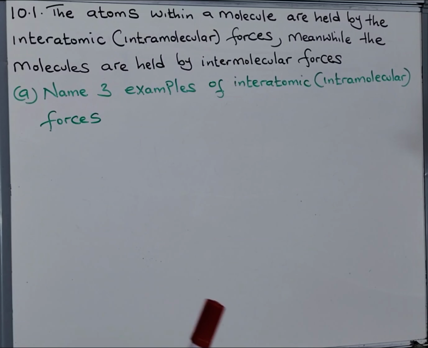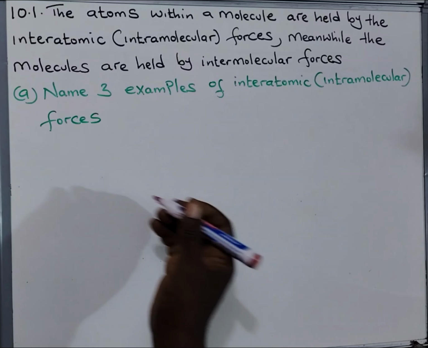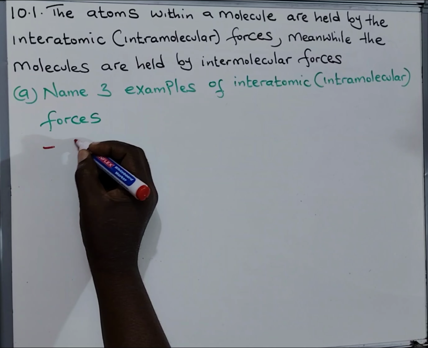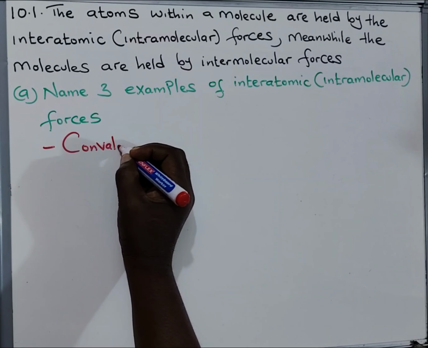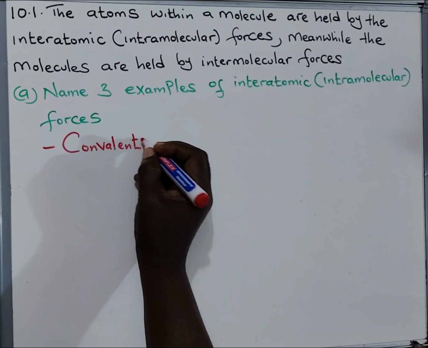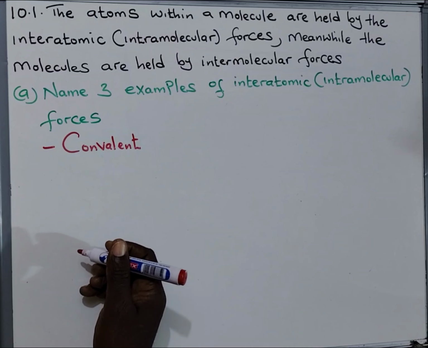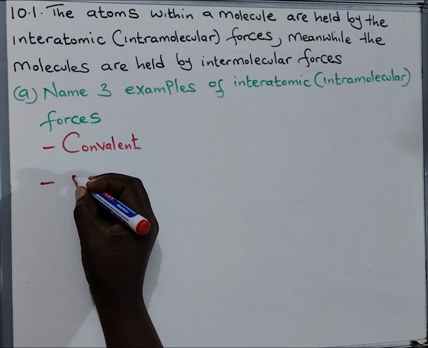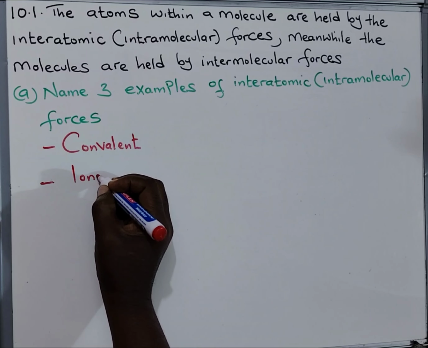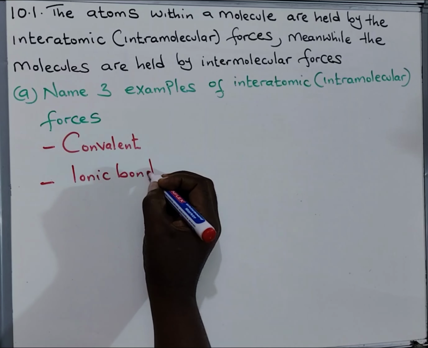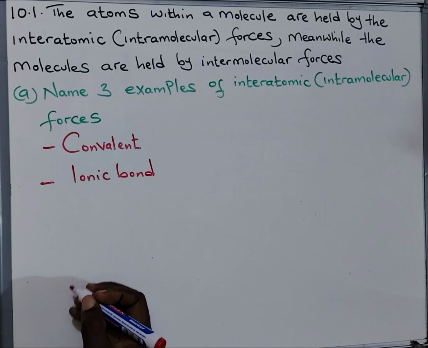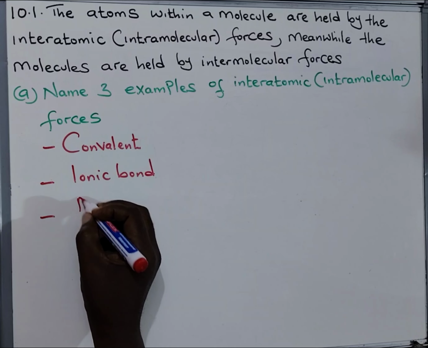Now the examples of interatomic or intramolecular: one is covalent bond, the one formed by sharing of electrons. 2 is the ionic bond, or electrovalent bond, as some people call it. 3, metallic bond.